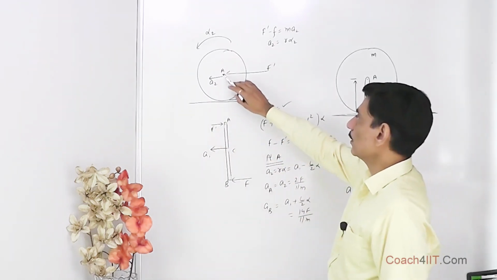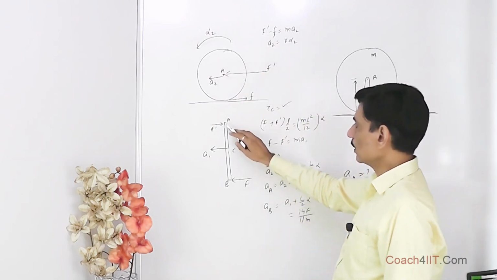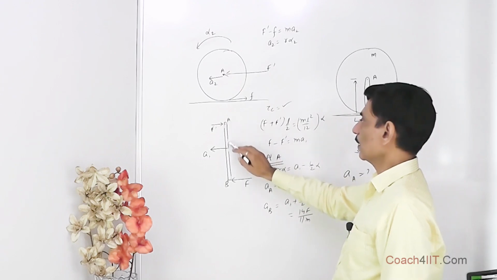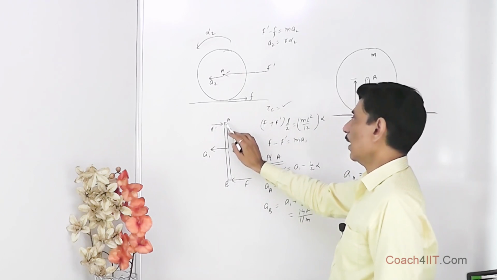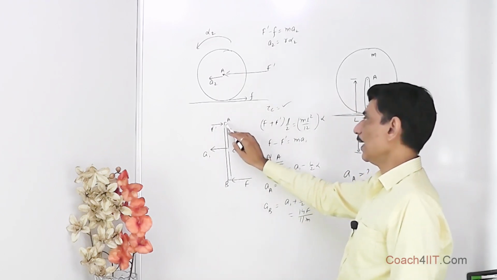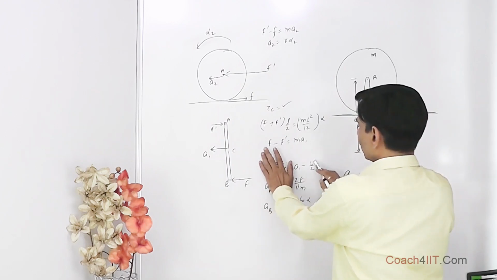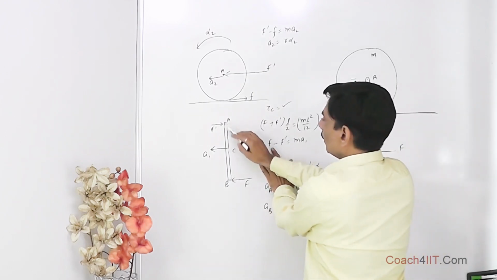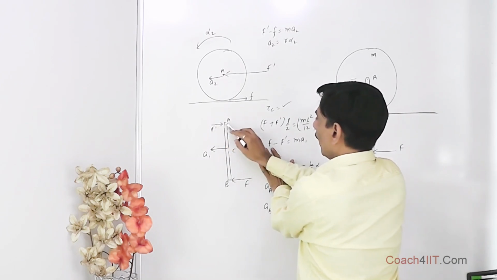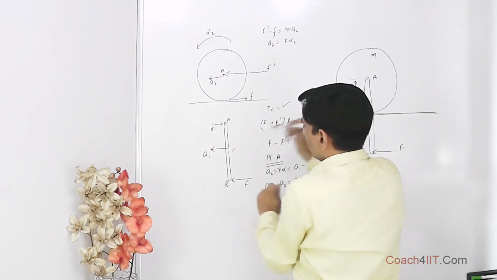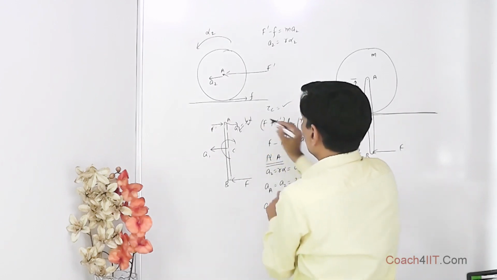So one, we get A2 is equal to R alpha 2. And from the rod, the acceleration of this point is A1 in this direction, and A tangential equal to R alpha in this direction, so we get A1 minus L by 2 alpha. A1 gets superimposed vectorially, and because of alpha it has A tangential in this direction equal to L by 2 into alpha.